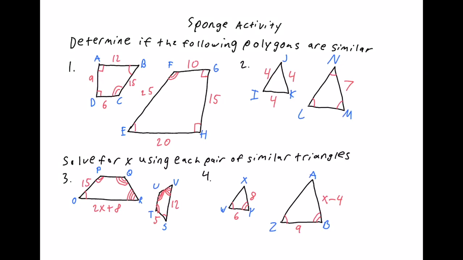All right, now time for the sponge. So, for the first two, I want you to determine if the following polygons are similar. So just yes or no, are they similar? There's a lot of work that you can show there, but it's just a yes or a no there. That's all I need. So for 1 and 2, yes or no, are they similar?